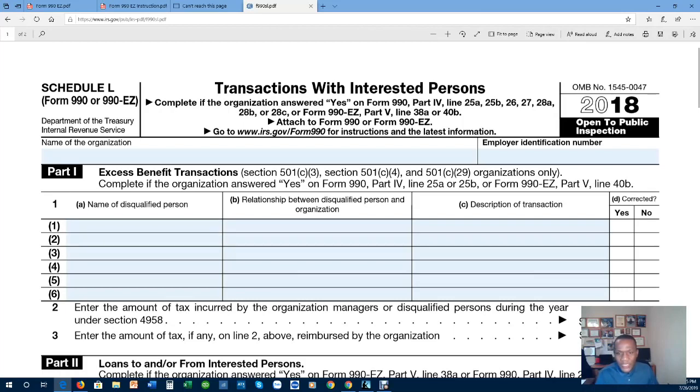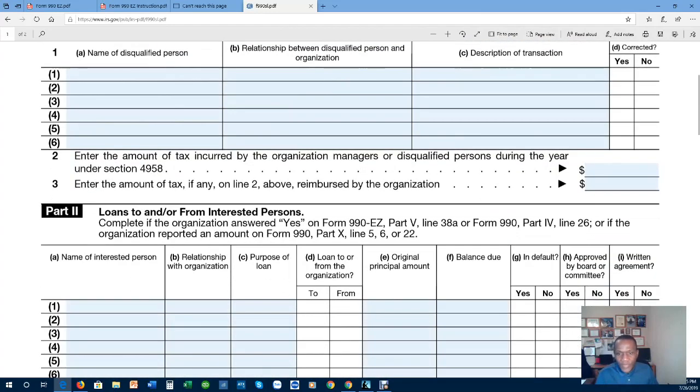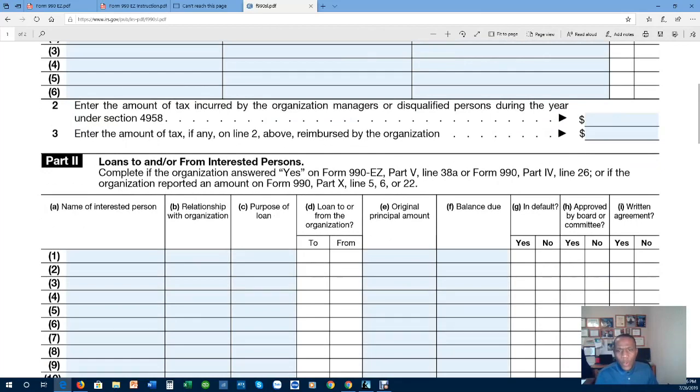Then the name of the disqualified person, and the relationship between the disqualified person and the organization. These are persons of interest. Then the description of the transaction, what type of transaction, and whether it was corrected, yes or no. Part 2 would be loans to or from interested persons. If the interested person makes a loan to the organization or takes a loan from the organization, the name of the interested person must be here.